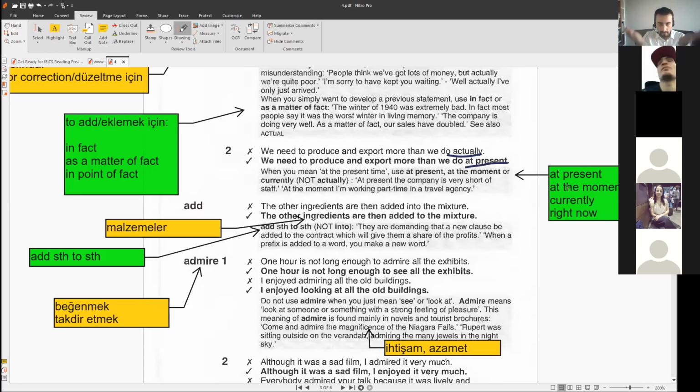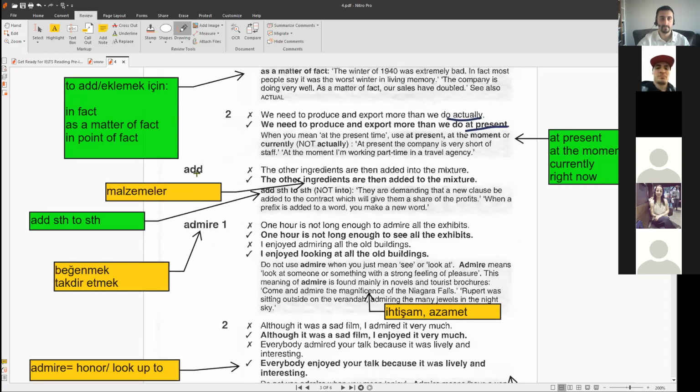It's about the present situation now. When you mean at the present time, use at present, at the moment, or currently, not actually. We use actually to give what? Correct idea, to correct a misunderstanding. Whenever you are talking about the present situation, use at present, at the moment, currently, or right now. Thank you.